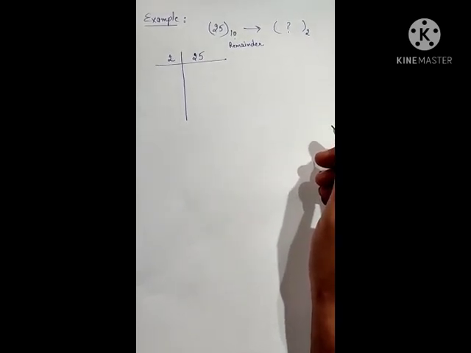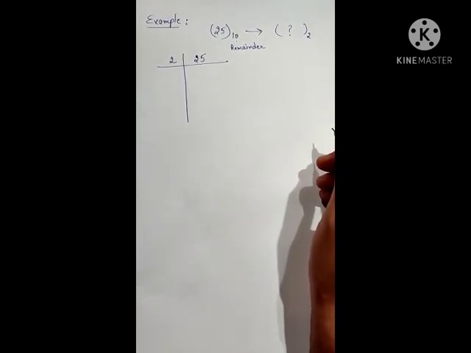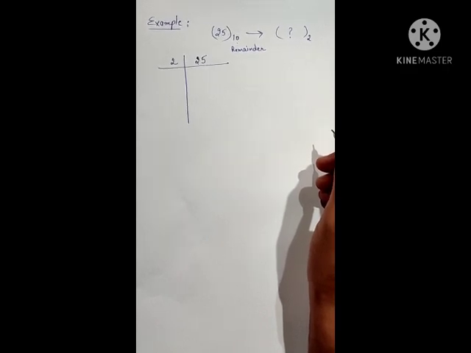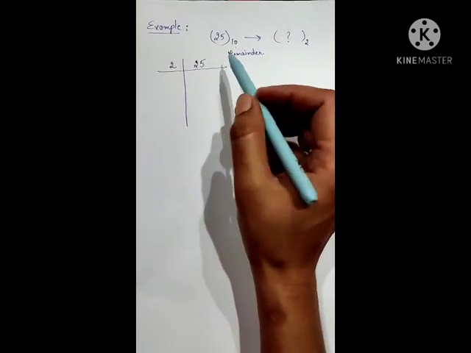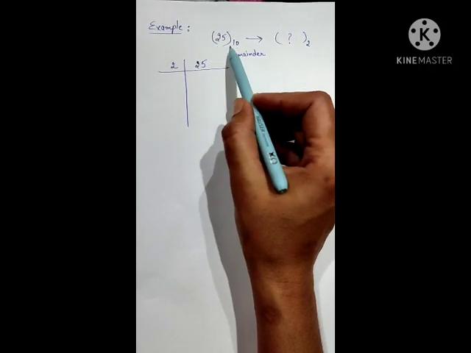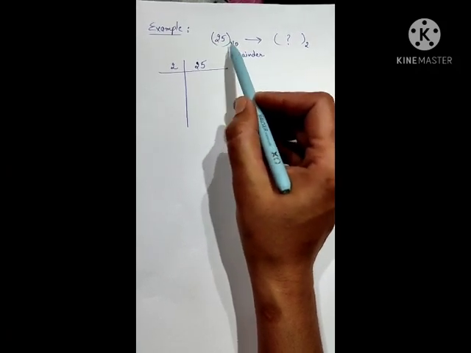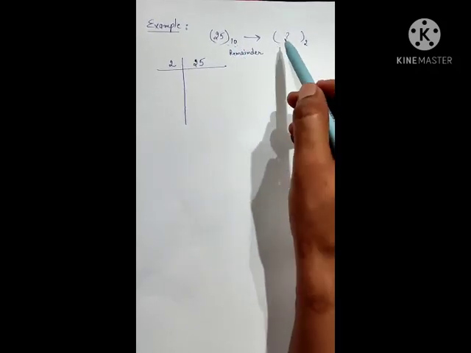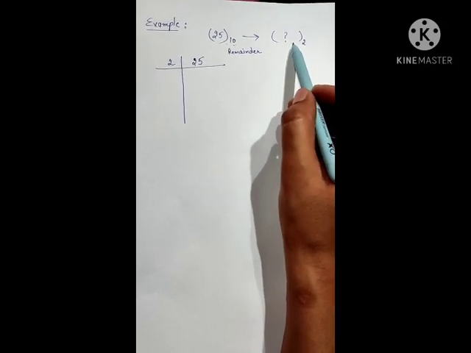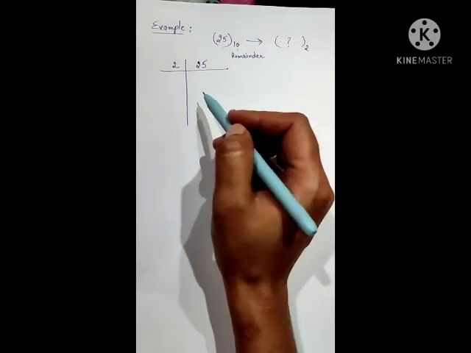Students, we take an example of conversion of a decimal number into a binary number. Here I take the example of 25, a number of base 10, that is a decimal number, to be converted into a binary number. Okay, so let's start.